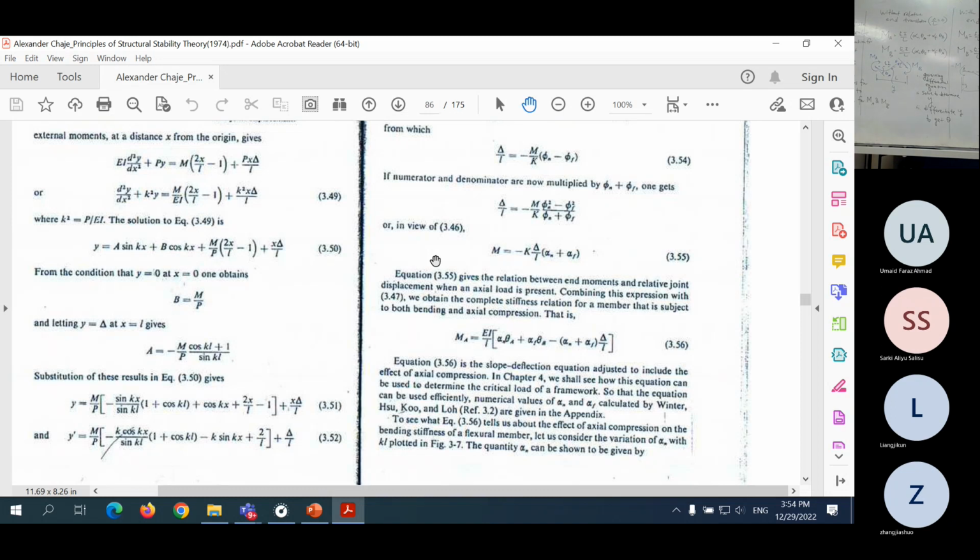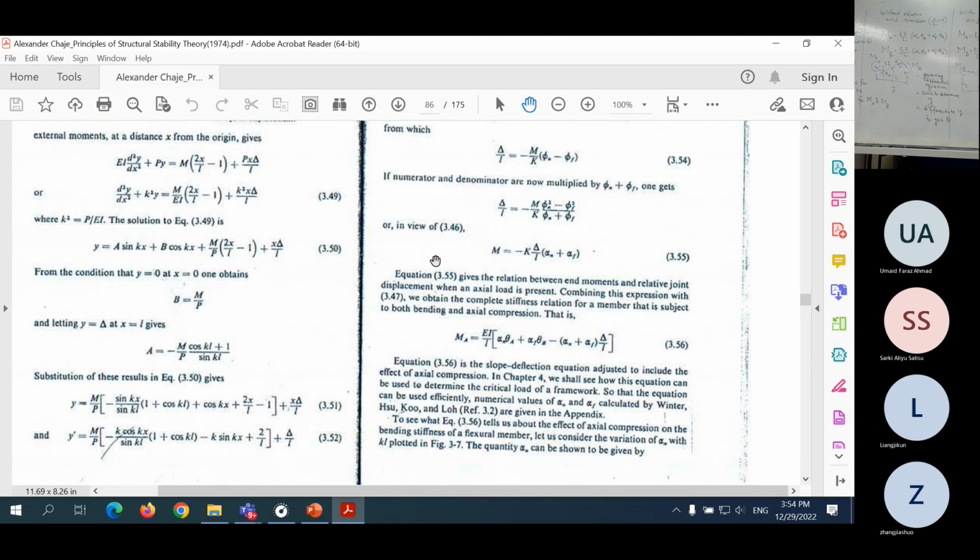Relative end translation is not imperfections. It is a situation where, for example, you consider a frame which is not braced, so the frame can go sideways. Or when you have a beam and there is a settlement on one side relative to the other side, so you have one end going down relative to the other.